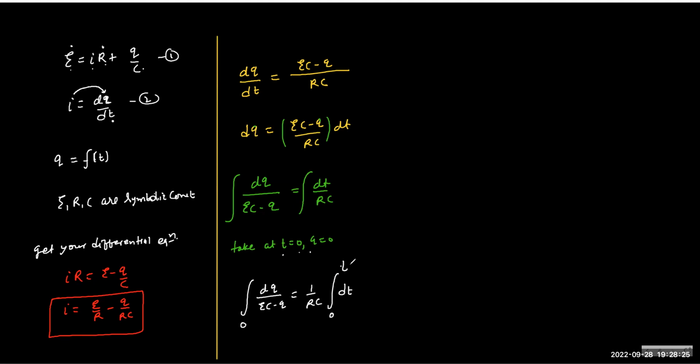So when I put t, which is the general value, because we want the t relation, what must I put here on the left? Q. And can you integrate it now?